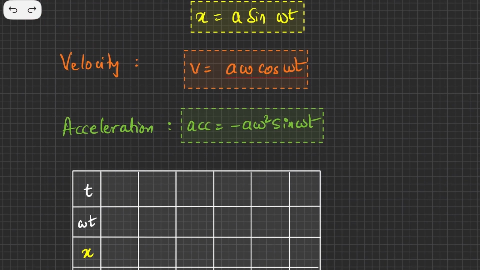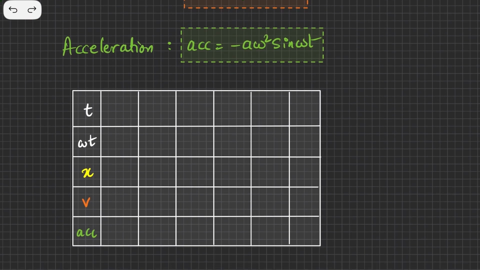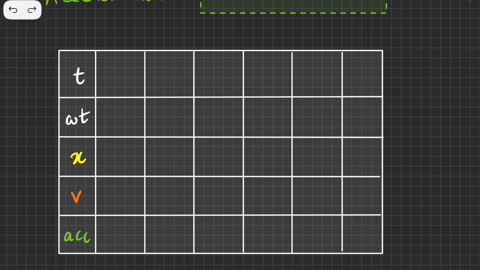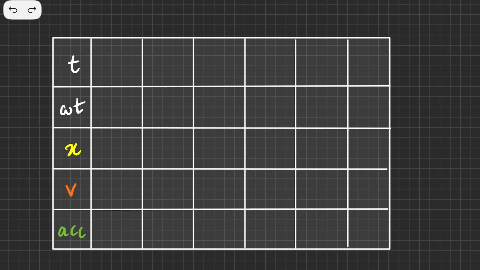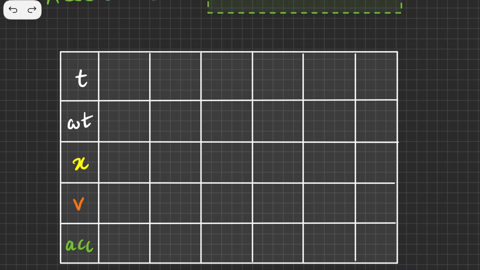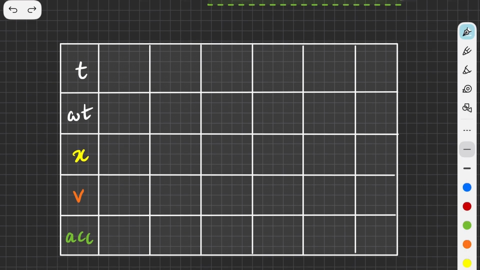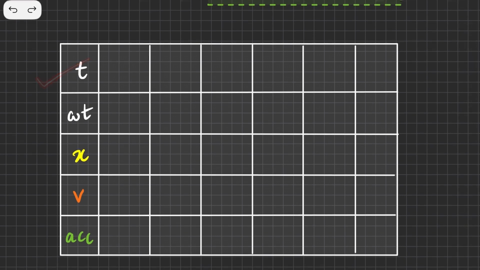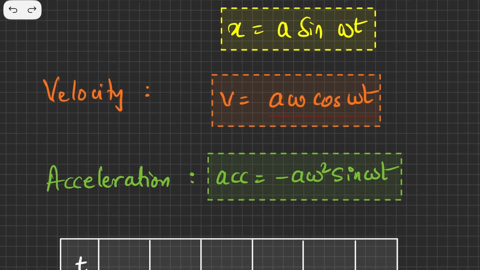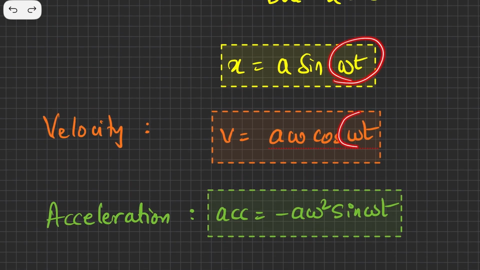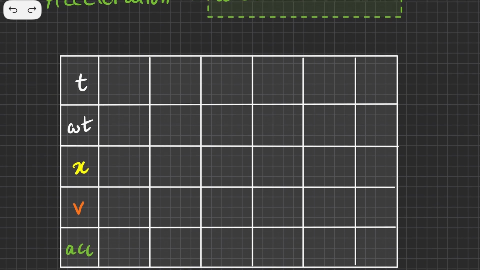Now I have got the equations. Now I'll try to find out the data. For data I need some specific values for the dependent and independent variables. If you see, t is the first thing, then comes omega t. Why omega t? Because omega t is in each and every equation, all three equations, so I have made a column for that.